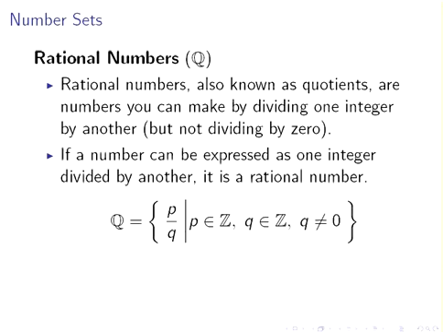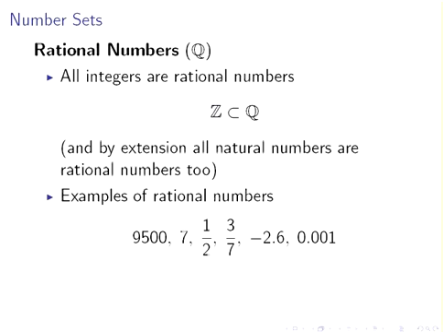If a number can be expressed as one integer divided by another integer, then it is a rational number. We might write it out mathematically: Q equals P divided by Q, where P is an element of Z, Q is an element of Z, that is to say P and Q are both integers, and Q is not equal to 0.